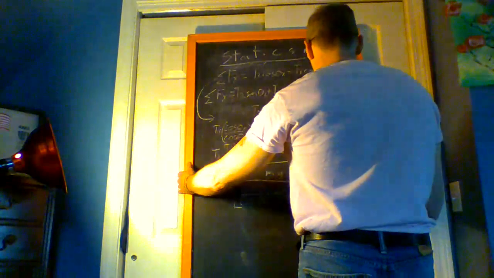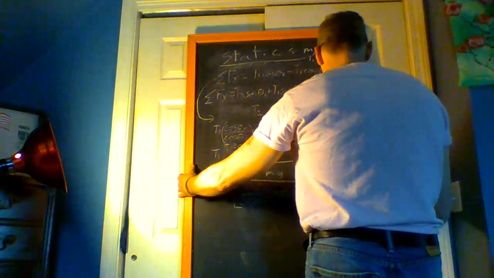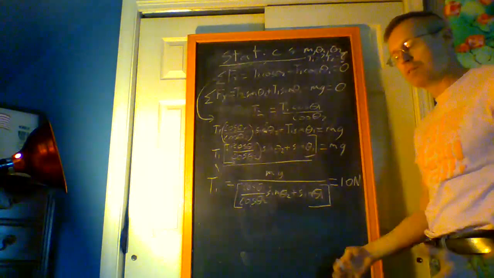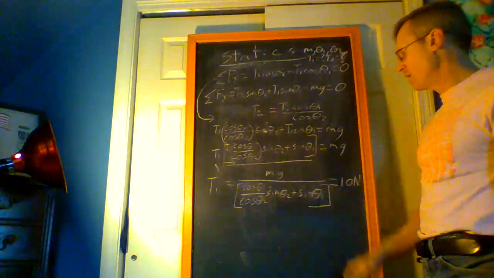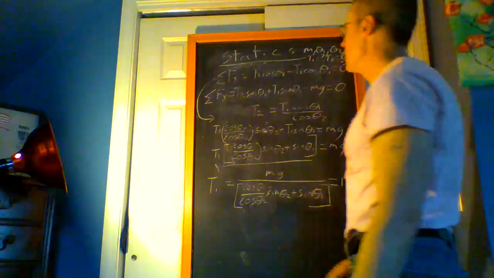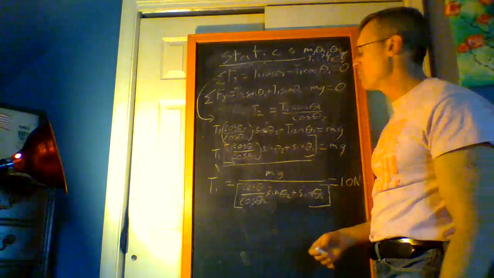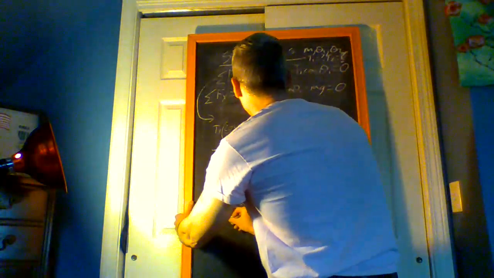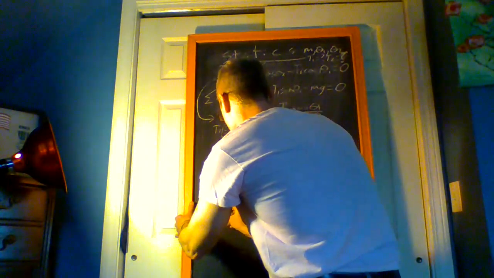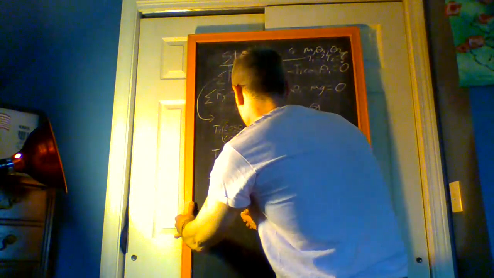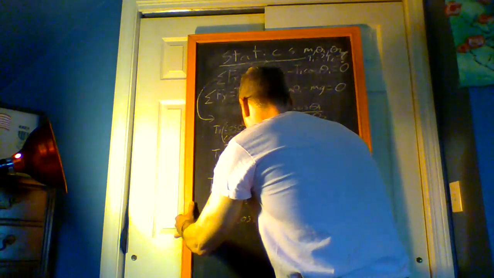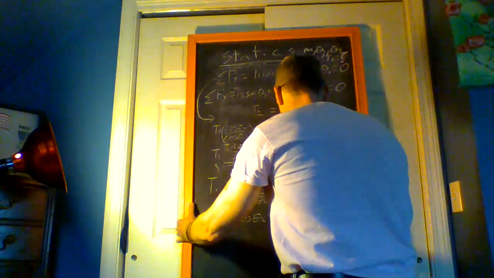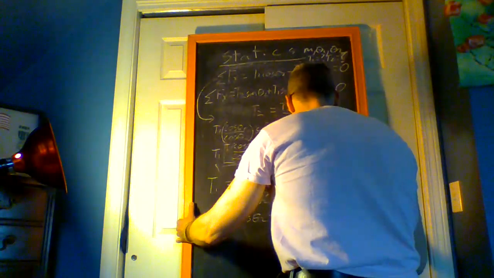Let's say that T1 is, just to use easy numbers, 10 newtons. I don't know what it is. I'm dealing without numbers here, but you kind of get it. So let's say I know that, for those of you who like to deal with numbers. Once I do, I'm going to go to the first equation and solve. T2 cosine theta 2 minus T1 cosine theta 1 equals 0.